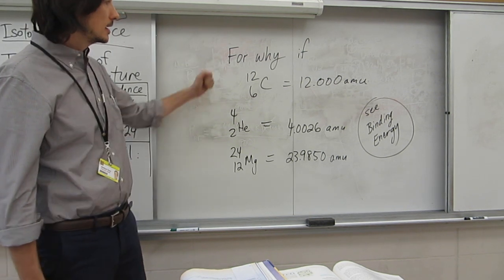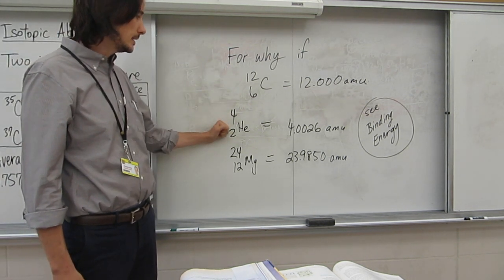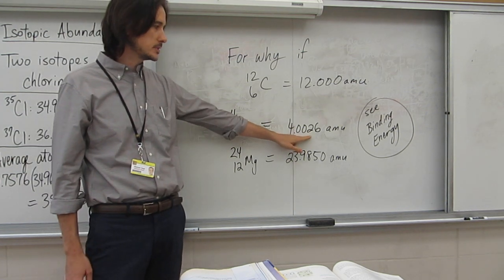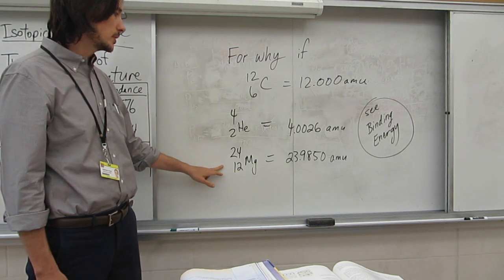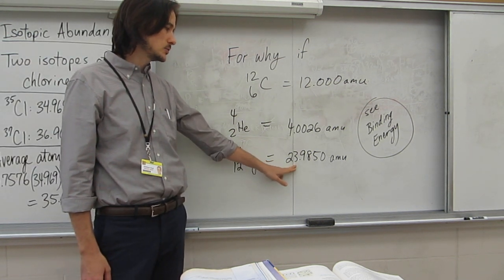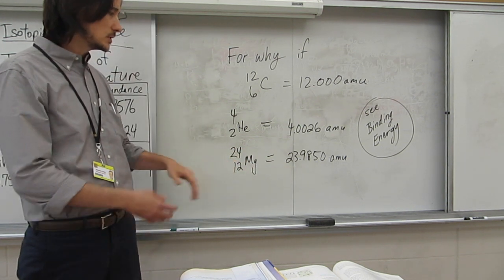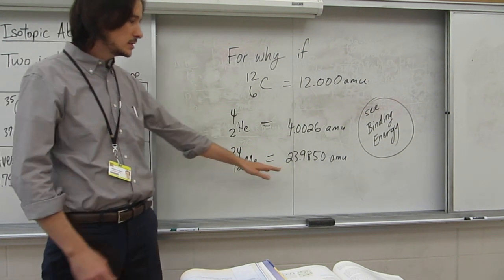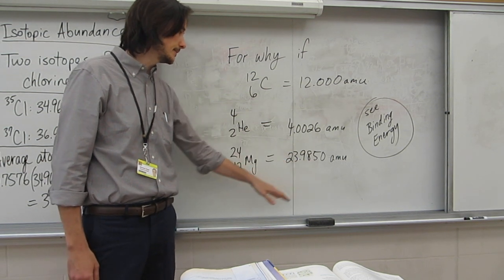So just real quick, carbon-12 is 12 AMU. Helium-4 is 4.0026 AMU. And magnesium-24 is 23.9850 AMU. So for these larger nuclei, the numbers are a little bit lower than we might expect.